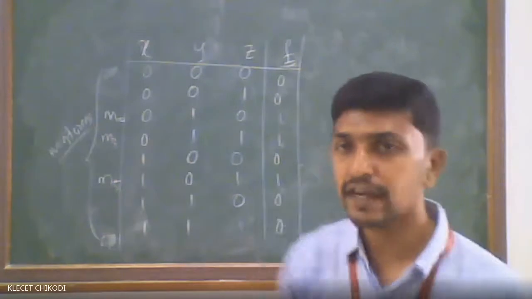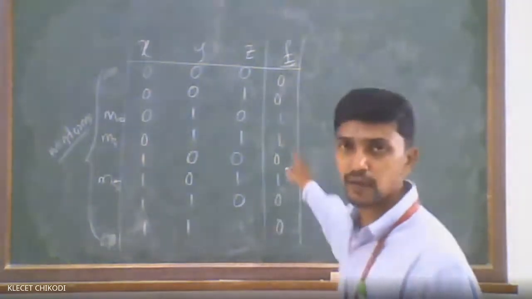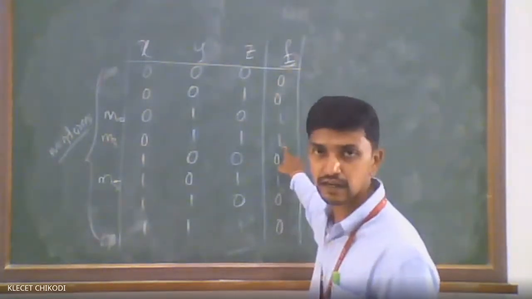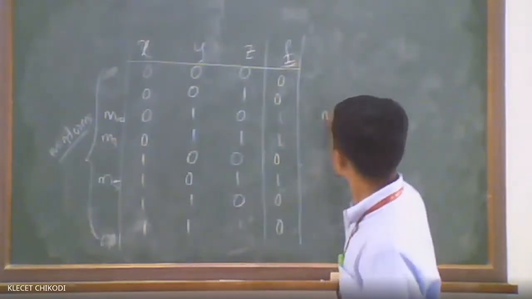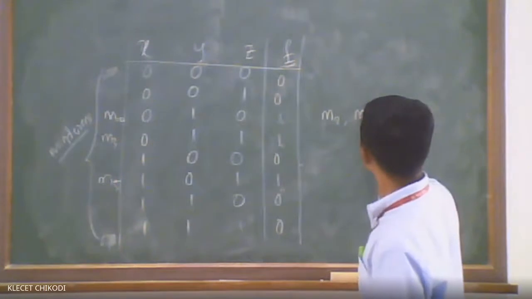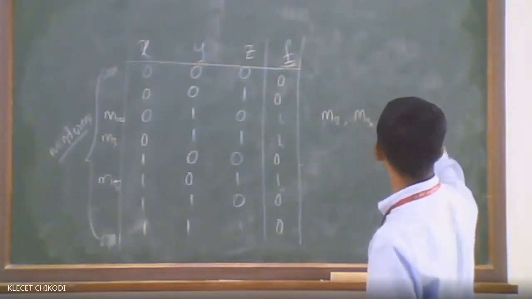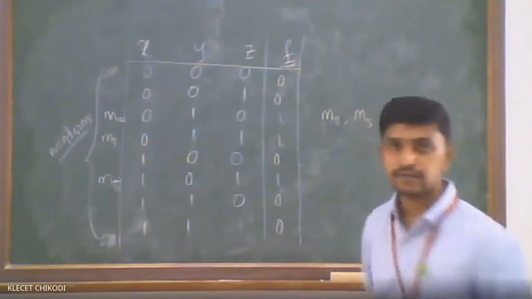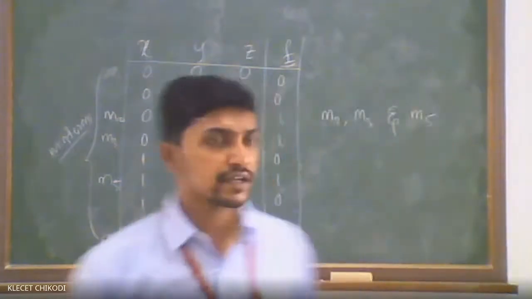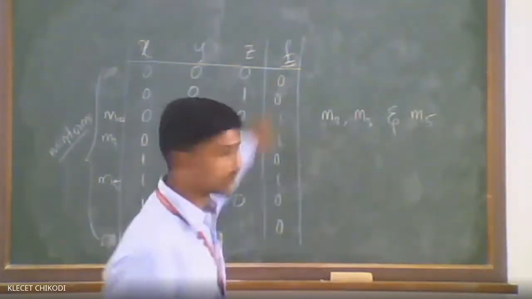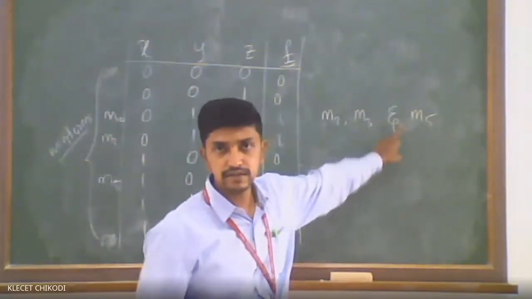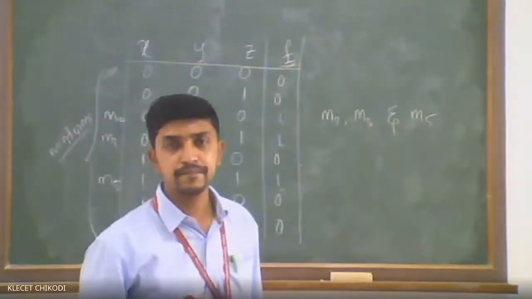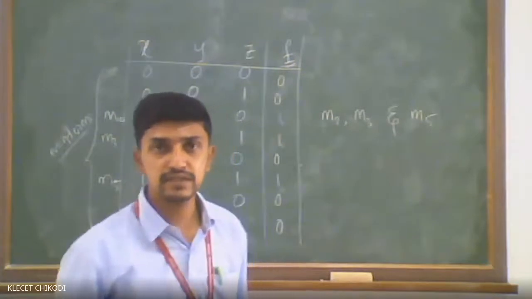So just write the min terms available for the following function are M2, M3 and M5, right? Is it clear? Is it clear till now?